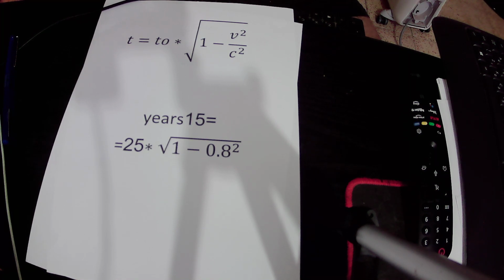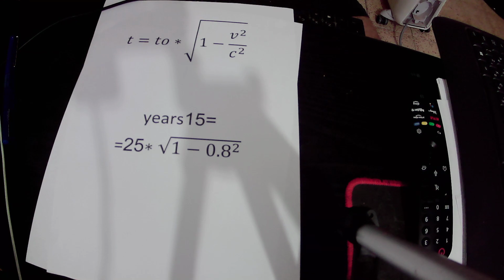Therefore, the rate of time flow in the spaceship will be slower than the rate of time flow on Earth. And while on Earth it took 25 years for the twin brother to return from a journey in space, in the spaceship the time that will have passed is only 15 years.